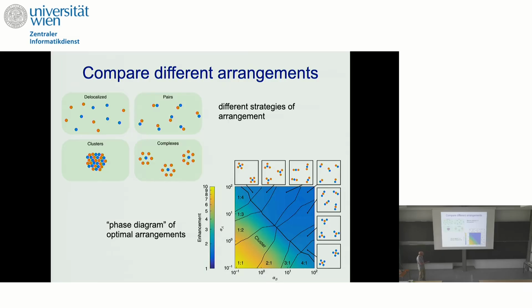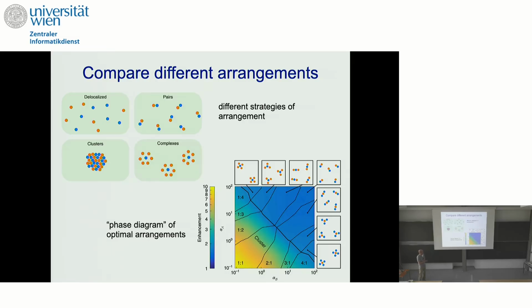So then you roughly get this diagonal line that says if both reaction rate constants are not too large, along the diagonal here, then clustering is best. And then the relative speed of the two enzymes determines the stoichiometry of the cluster that you want to have. So, for example, a 4-to-1, a 3-to-1, a 2-to-1, and so on. So this makes intuitive sense, I would say.